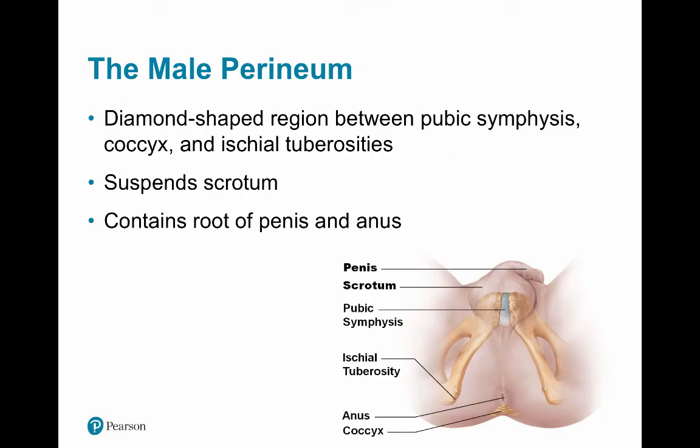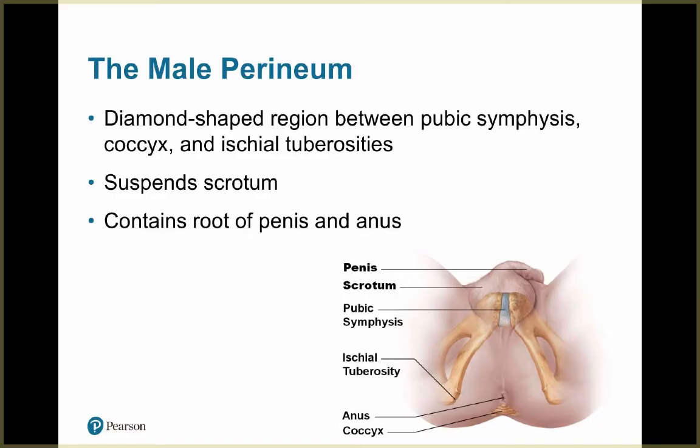So now let's look at the external part to get an idea of the male perineum. This is the diamond-shaped region between the pubic symphysis, which is right here, the coccyx, which is back here, and the ischial tuberosities, which are here. So it's that area right here.